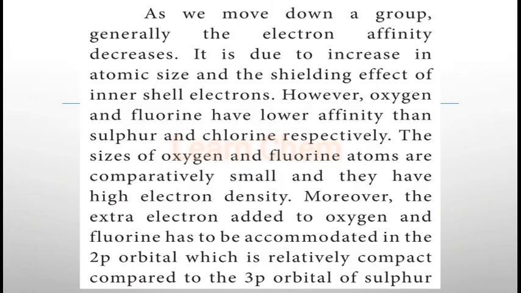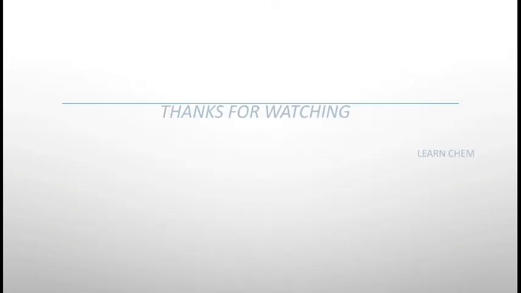Not only fluorine and chlorine, you can see oxygen and sulfur also have the same concept. Oxygen has a smaller electron affinity value than sulfur. The same reason is followed as in the fluorine and chlorine case. Okay, so thank you students, I hope you understand the concept.